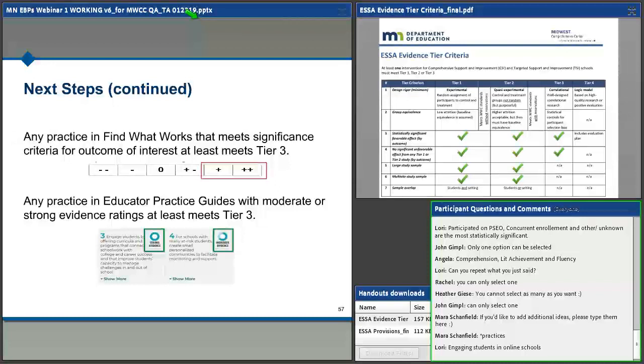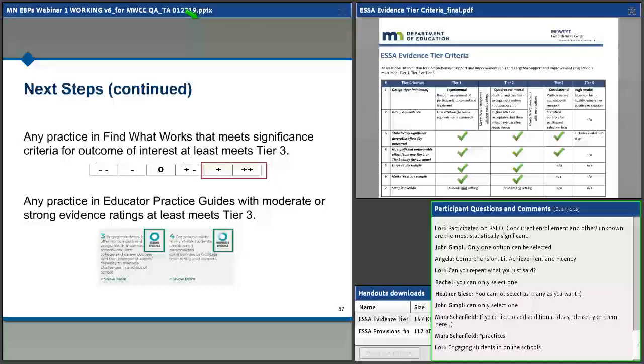The two important shortcuts that I showed you are that any practice inside What Works is going to meet Tier 3 as long as the second two indicators in that band of statistical significance are selected. And in the educator practice guides, any practices are going to at least meet Tier 3 that demonstrate at least a moderate degree of evidence or a strong degree of evidence.